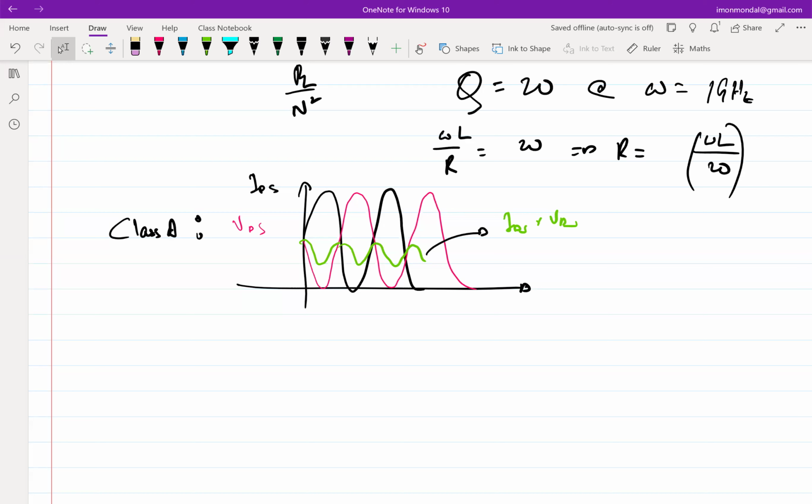That's how you increase efficiency, right? But that statement is also not fully true. Ideally I would like a lot of current flowing into the load, but can I have a scenario in which, when the MOSFET voltage is high, the product of VDS and IDS should be minimum? That's how I reduce the loss across the MOSFET.